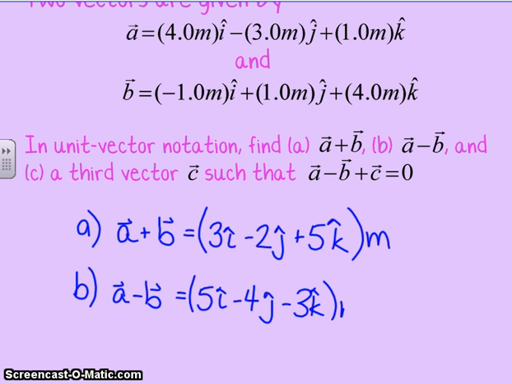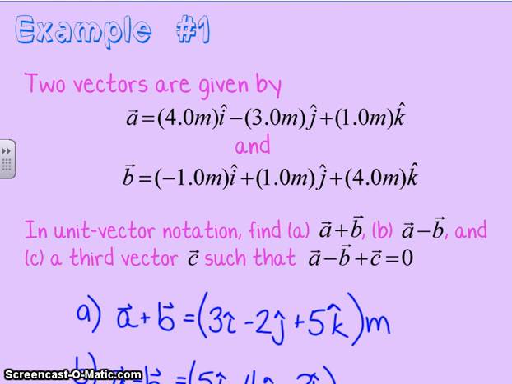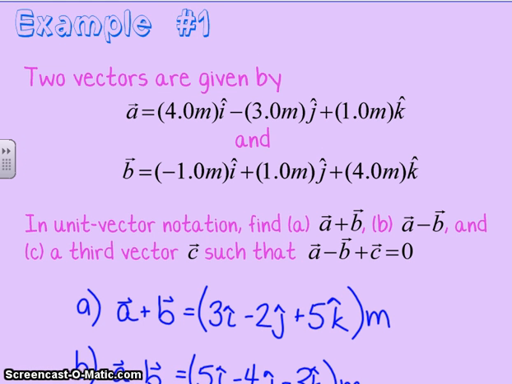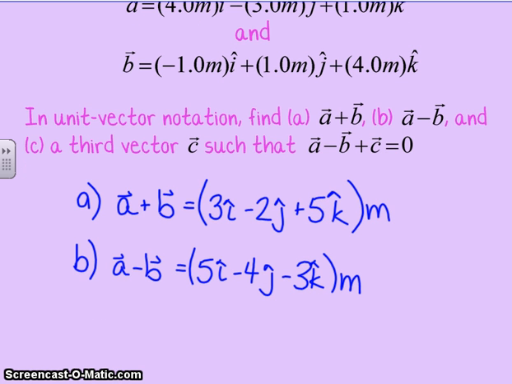The last part, part C, says to find another vector, C, such that A minus B plus C equals 0. Well, A minus B, we already know what that vector is. That's 5 i hat minus 4 j hat minus 3 k hat.